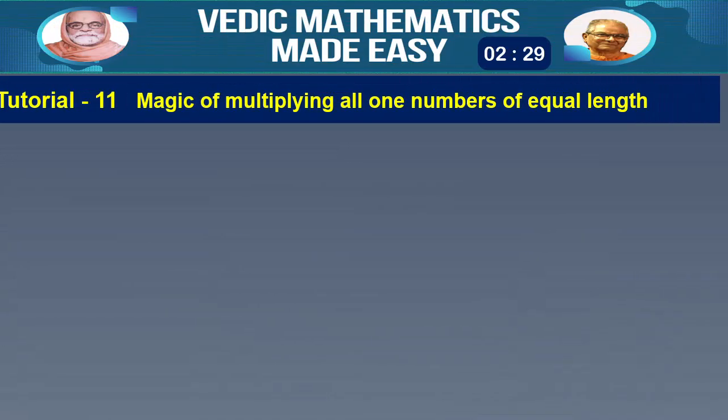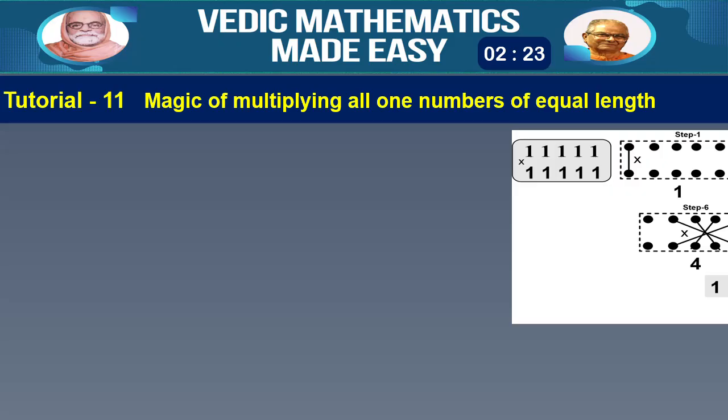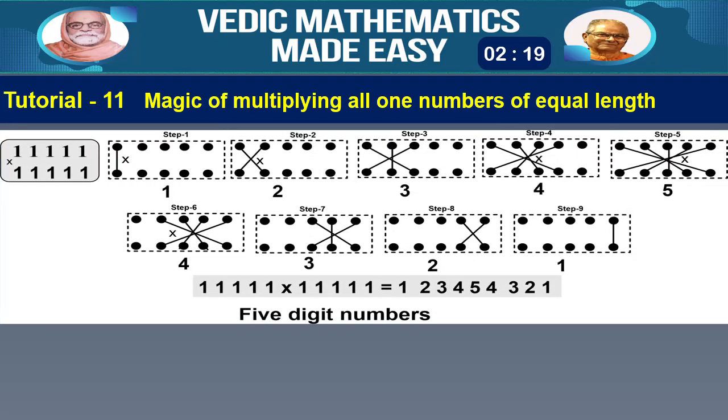Friends, finally, we will multiply 5 ones into 5 ones. That is 11111 into 11111. Friends, look at the step diagrams. It has 9 steps.